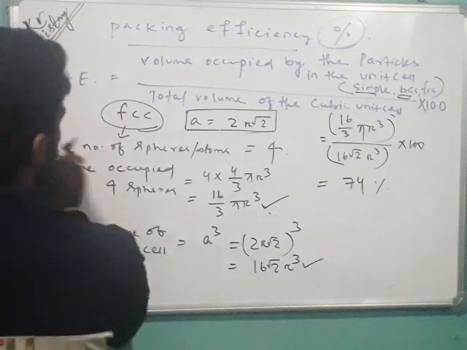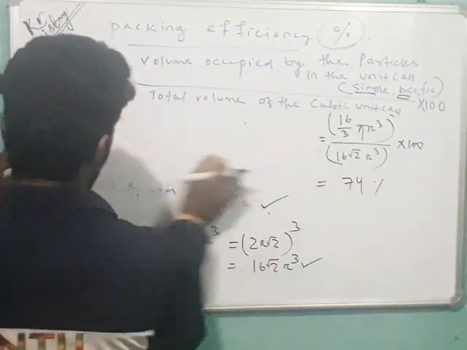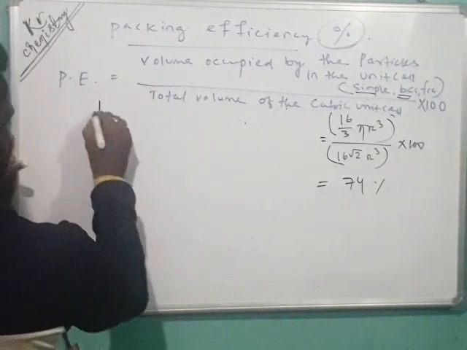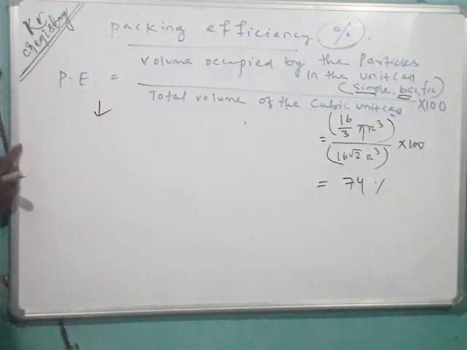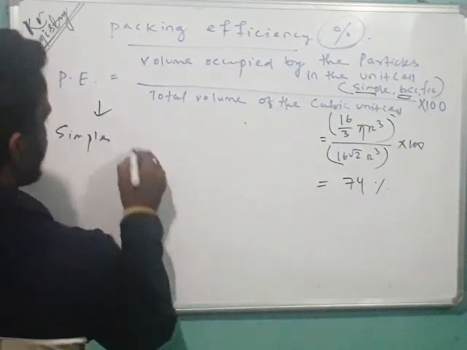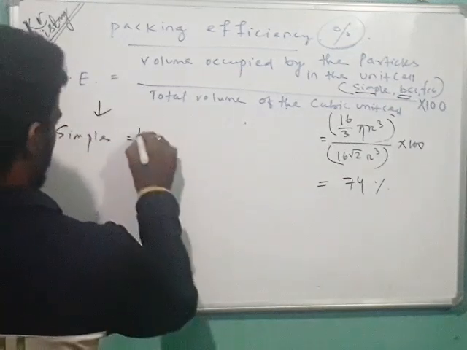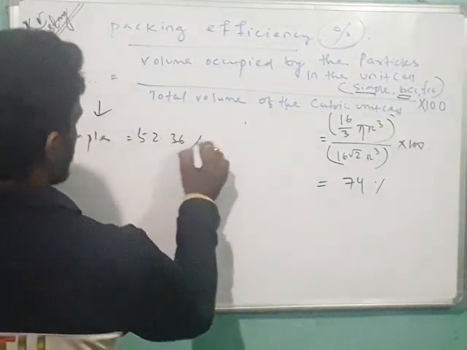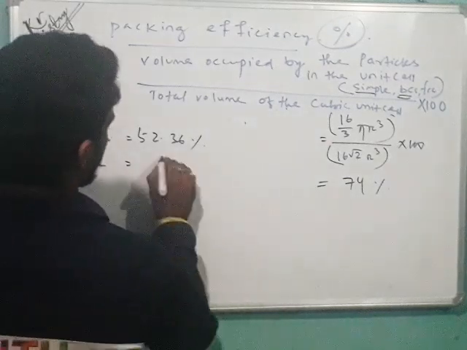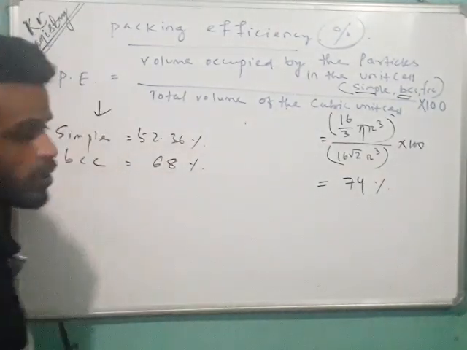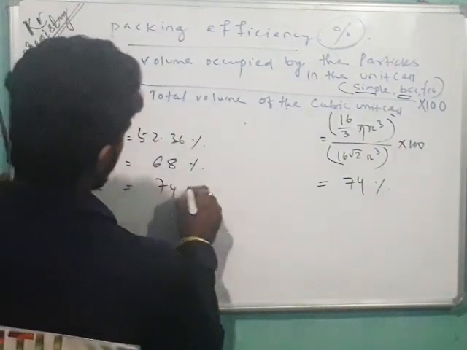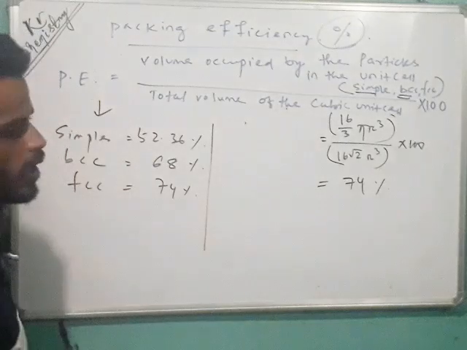Finally, we know the packing efficiency for simple cubic crystal is 52.36%, for body centered cubic crystal it is 68%, and for face centered cubic crystal it is 74%.